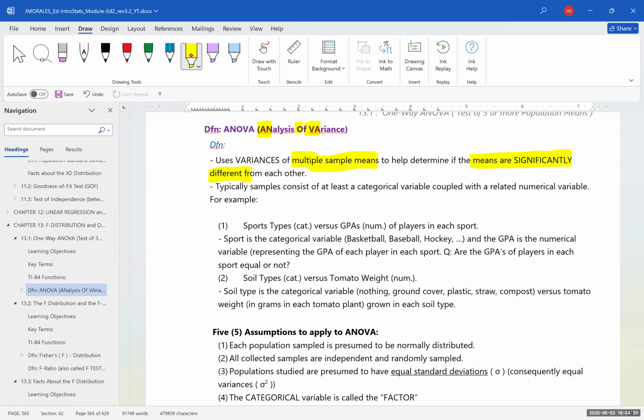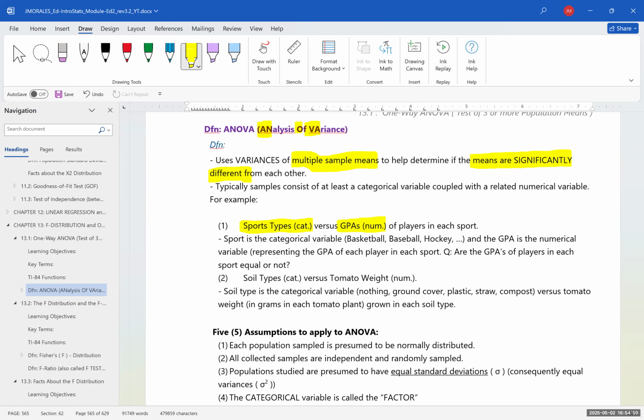This typically consists of samples with at least a categorical variable coupled with a related numerical variable. For example, types of sports, that'd be a category, versus grade point averages, that would be a number.